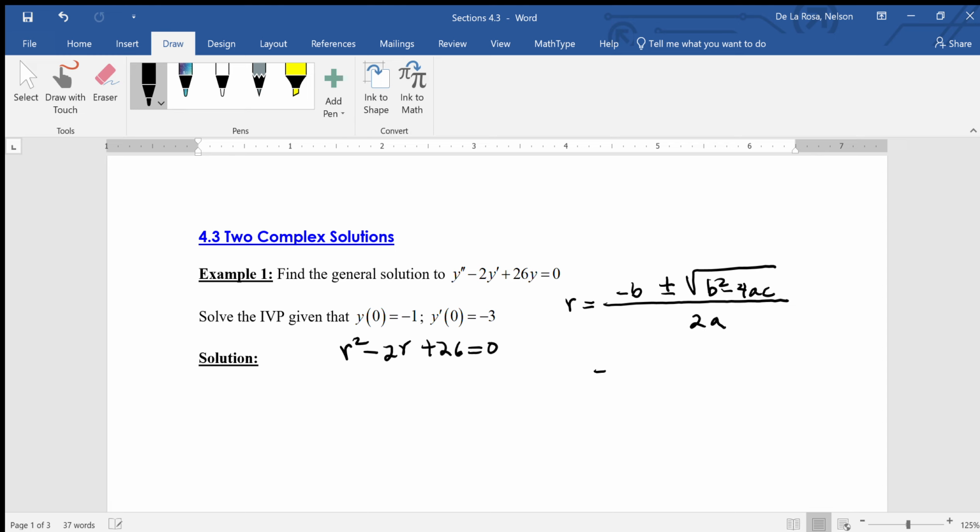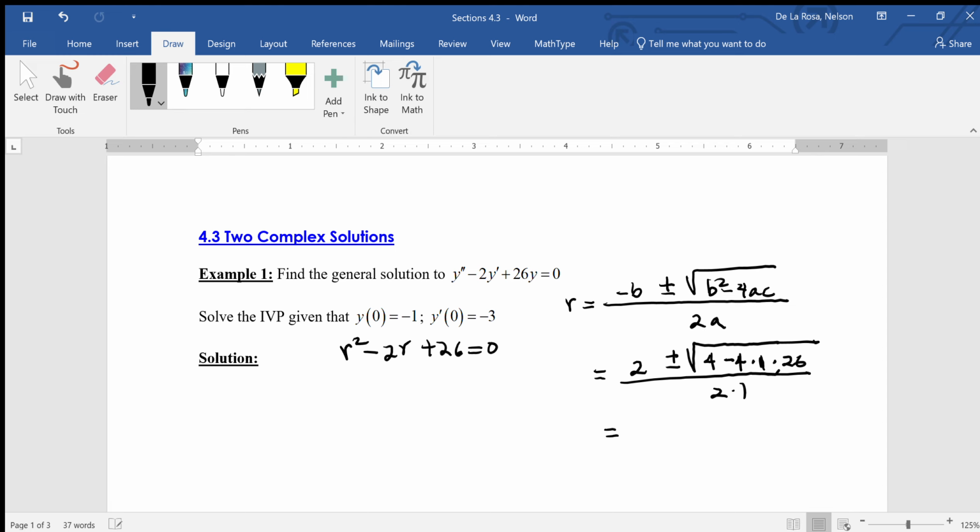So in this case, we have 2, because b is negative 2, plus or minus square root of b squared, which is 4, minus 4 times 1, which is the value of a, times 26, everything divided by 2 times 1.